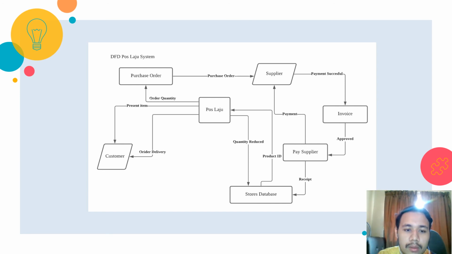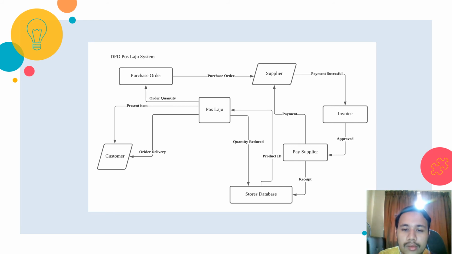Pos Laju will deliver the customer's item or parcel. Okay, we look from the supplier. After the payment is successful, the supplier will give the invoice and receipt with the parcel.